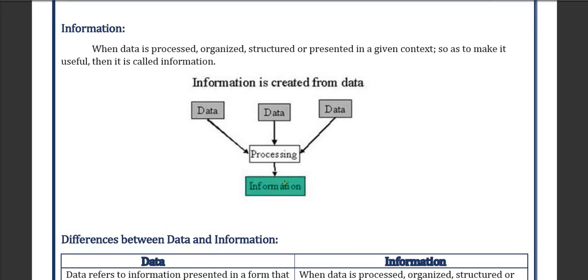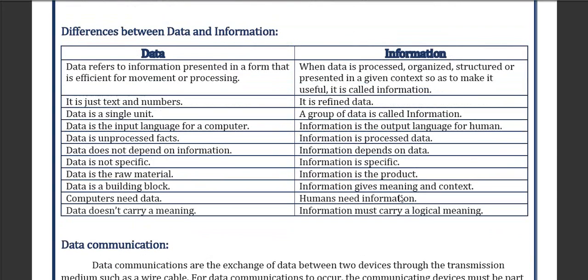By this diagram, you can easily understand that data are the raw materials, and after processing the data, it can generate information. The differences between data and information are given below. Data is just text or numbers, but information is refined data. Data is a single unit, but a group of units is known as information.